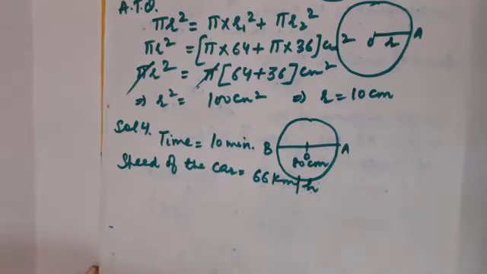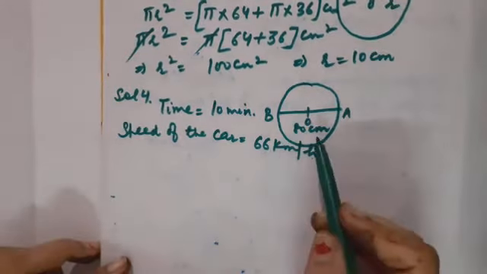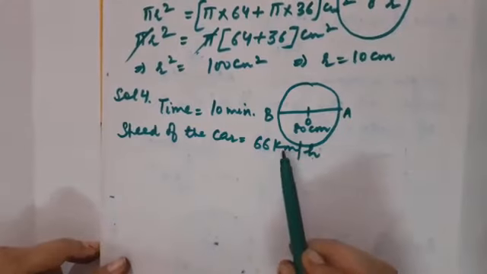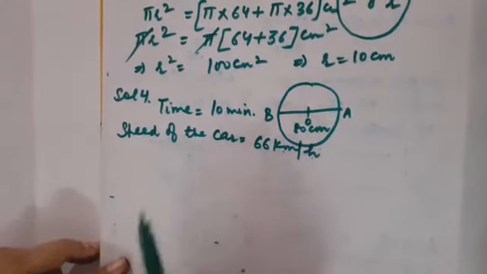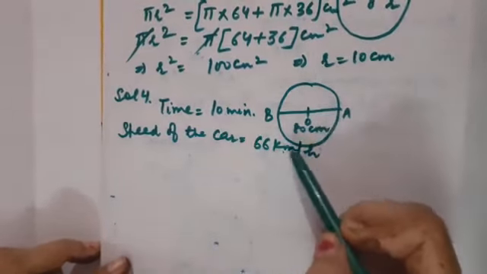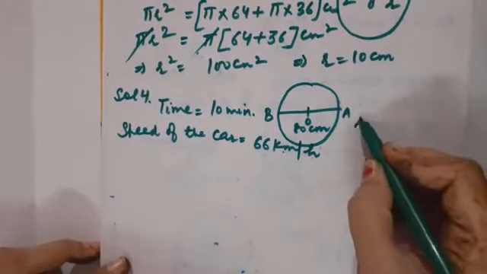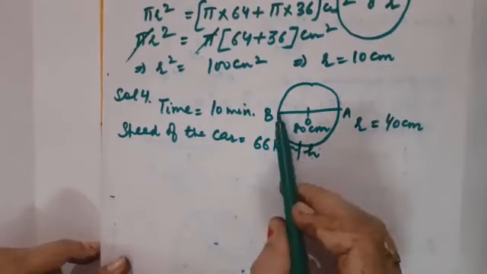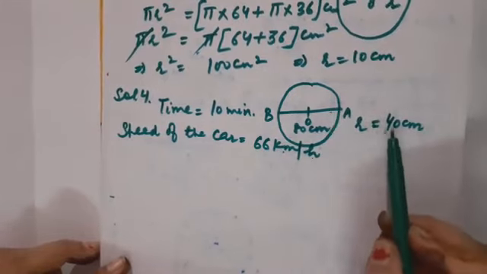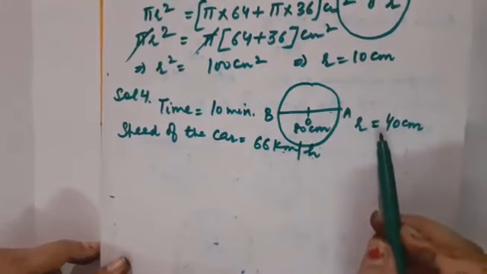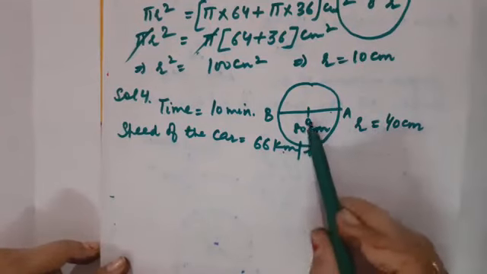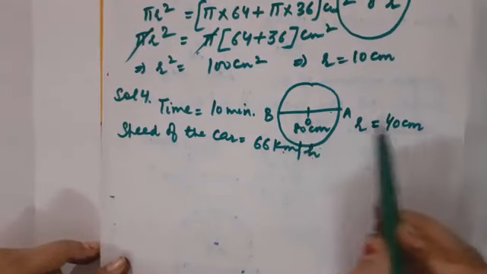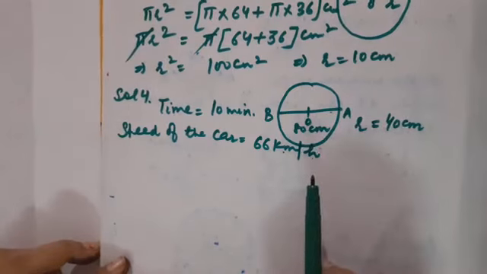Correct, children? So children, here I am observing that speed is in kilometer per hour, time is in minutes, and the radius of the wheel is in centimeter, because the complete diameter is 80 centimeter. So the radius, you know, is half of the diameter, so it would become 80 centimeter by 2, that is 40 centimeter.